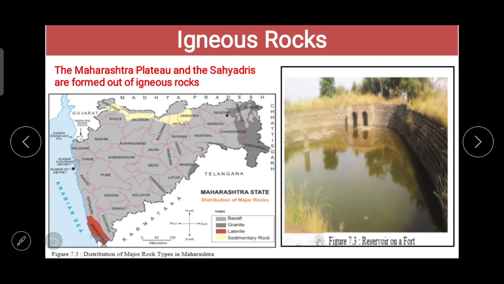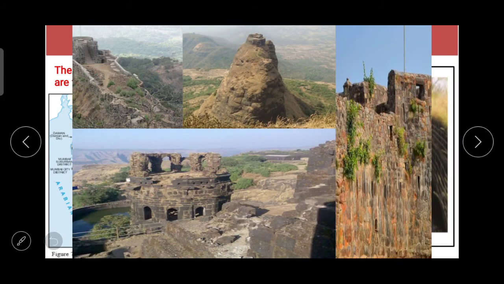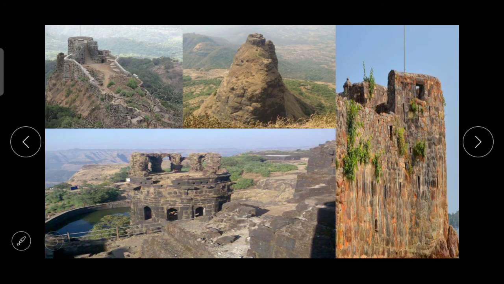Basalt is a major example of igneous rock, and for this you can go for these images. People, just observe it carefully. Most of the hill forts, these all are the hill forts.